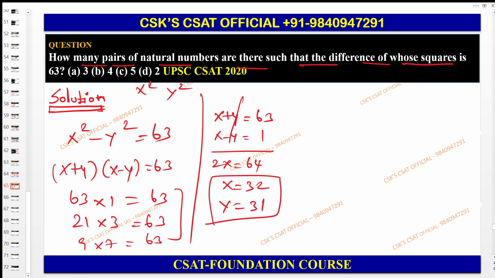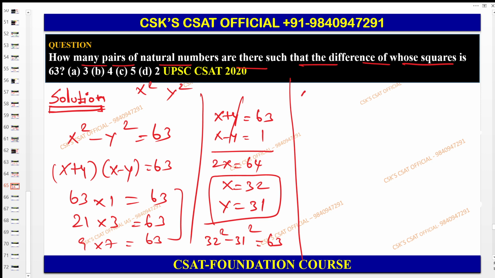So check 32 square minus 31 square. 1024 minus 961. Check whether you are getting 63 or not. Okay, you are getting 63. Now one pair you have found.